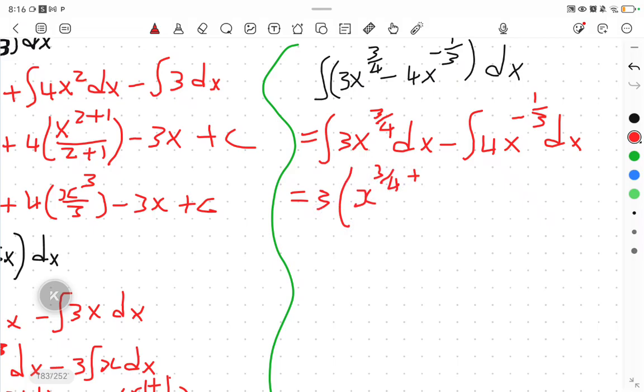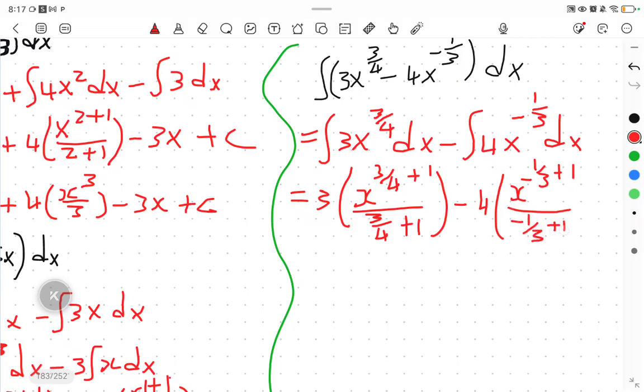Can someone check there what is 3 over 4 plus 1 while I'm still adding here? Someone can check that, and also someone checks this one. What is 3 over 4 plus 1? 7 over 4. And 7 over 4. Then the other one.